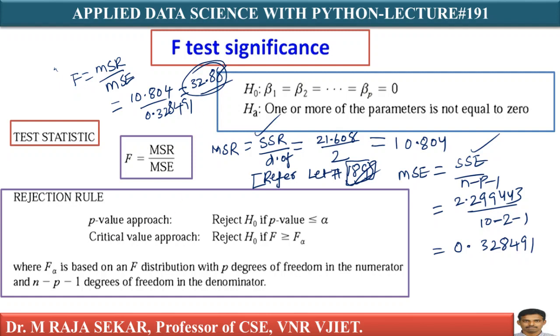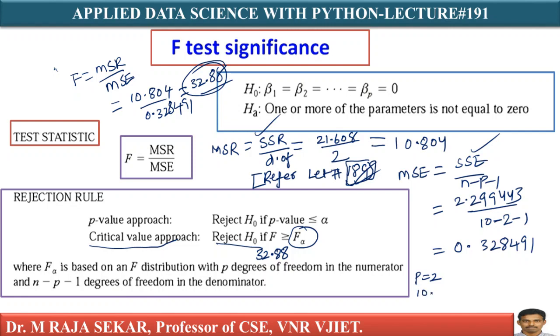Therefore, what is the critical value approach? Reject H naught if F is greater than or equal to F alpha. My F value is 32.88. F alpha is based on the F distribution with p degrees of freedom in the numerator, where p is 2 independent variables, and n minus p minus 1 degrees of freedom in the denominator.